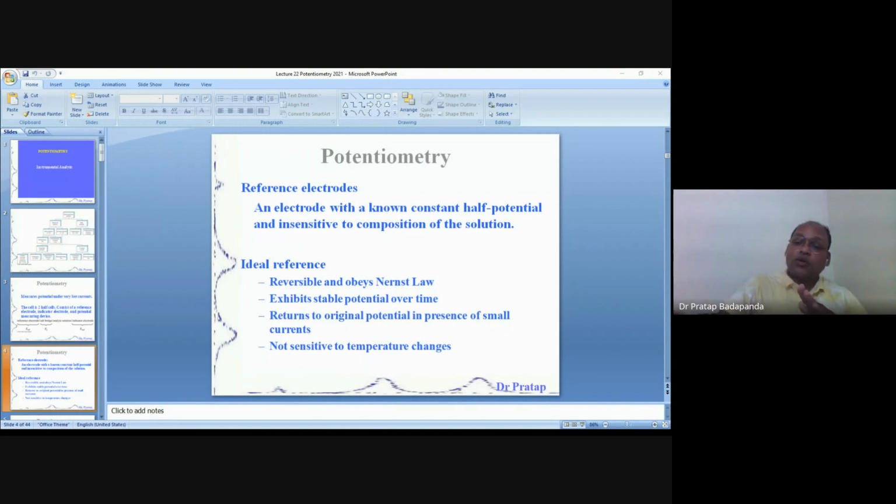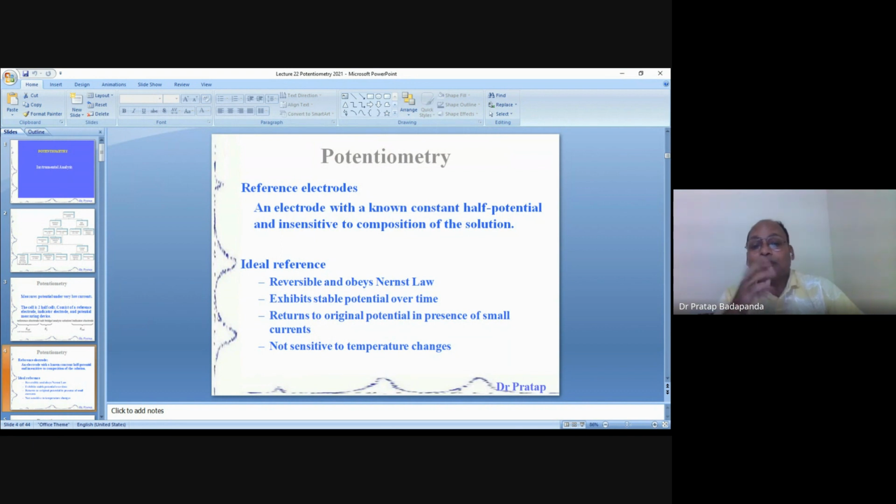Another electrode that we refer to this one is the indicator, which has to be found out. It is independent of the composition of the solution.